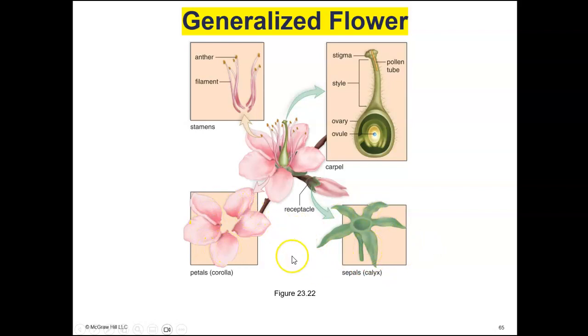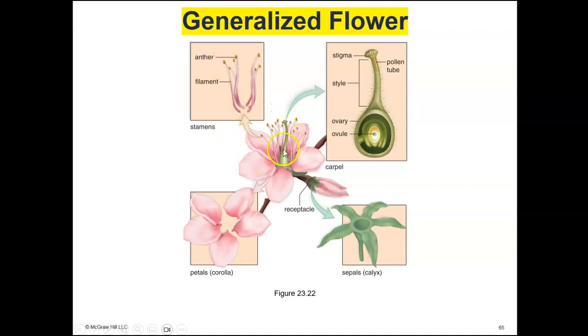There are 5 petals, and I'm thinking probably 10. I don't know for sure, but there should be multiples of 5 stamens. And notice that the stamen contains a filament and then the anther at the tip.